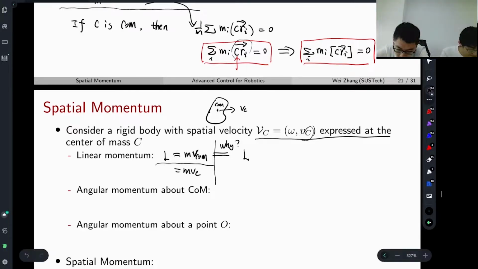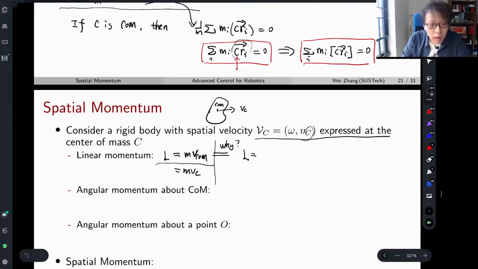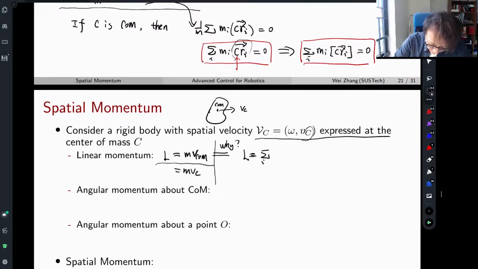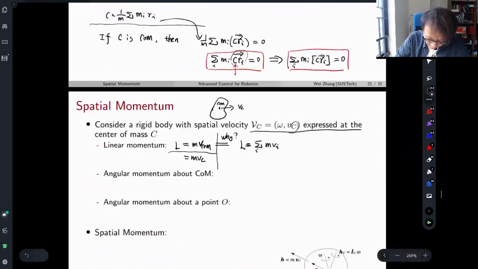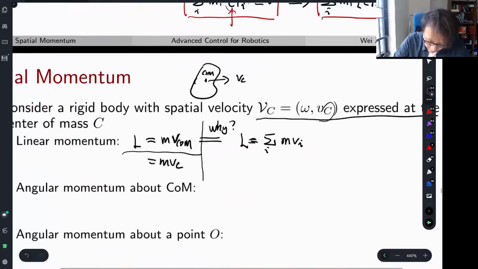So this linear momentum of the body, and the body consists of all of these small particles, right? So this is the summation over i of the linear momentum of each individual particle. Let's think of them together.